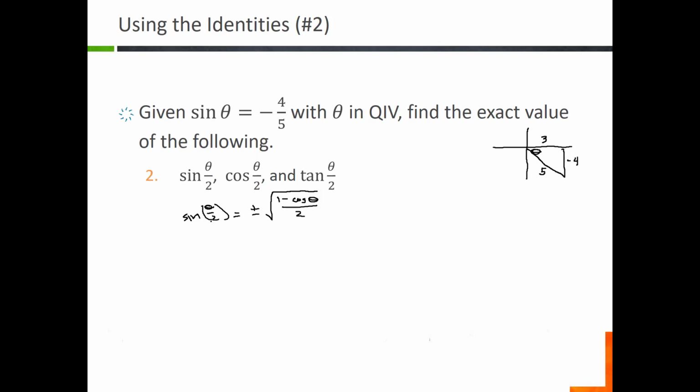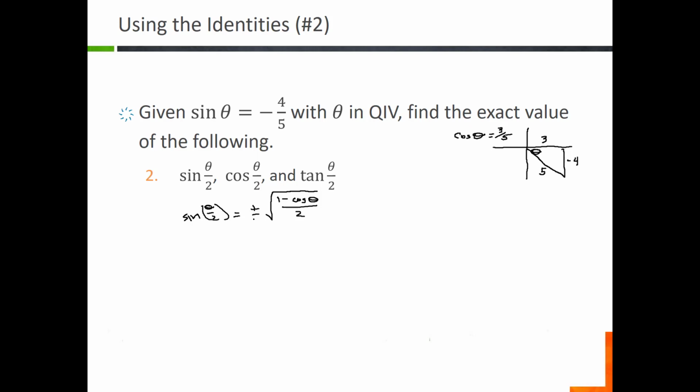So in order to compute what the sine is, we need to know the cosine of theta, which is pretty easy over here. We know the cosine of theta is going to be 3/5 from our triangle. So we already know that part. And this is kind of the hard part next, where we deal with these half angles: we need to figure out, is the square root going to be positive or negative?